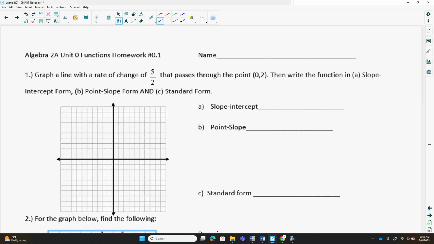So these are all graphed there real quick. This one here, you're going to draw. Get your homework.